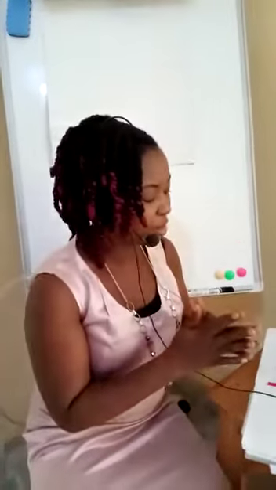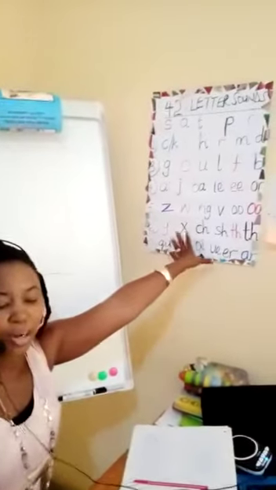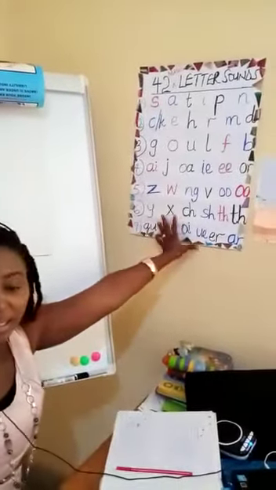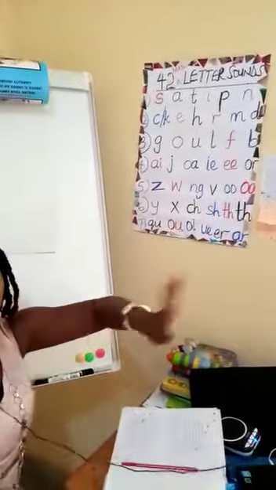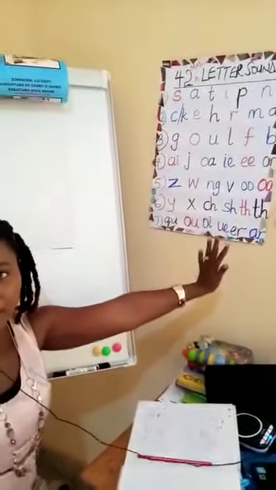Then we go to the kindergarten class, which is the last class before primary 1. What do we teach them? It now starts with the review of the 42 letter sounds, review of the tricky words learned. By the end of nursery 1 class or age 4.5 class, I would have taught them at least set 1 to set 3 of tricky words.